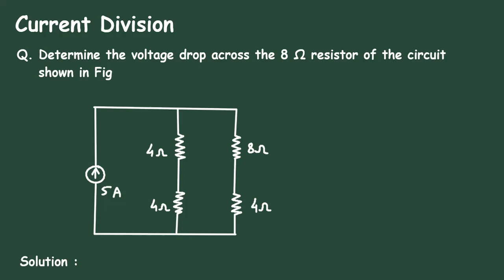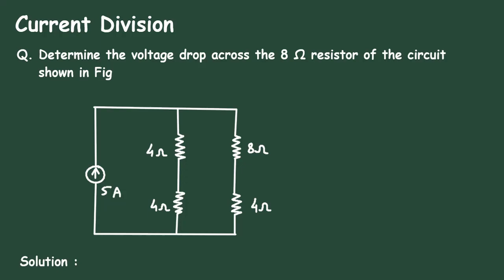So this will be 14 multiplied by 4.5. So it is 63 volt. So this voltage is 63 volt.